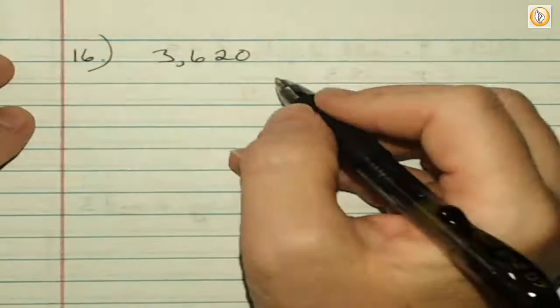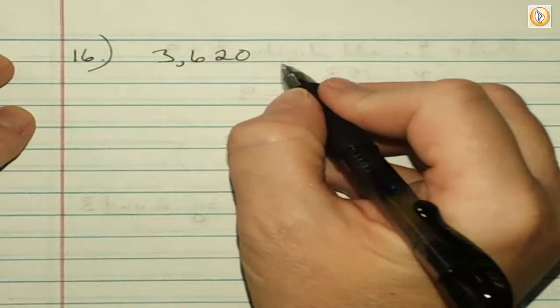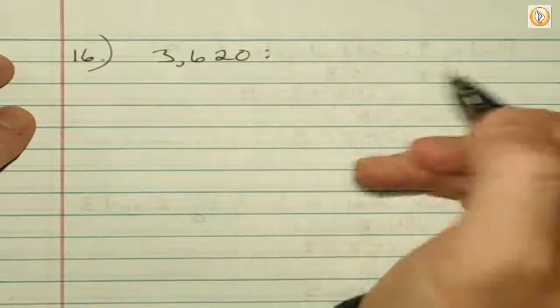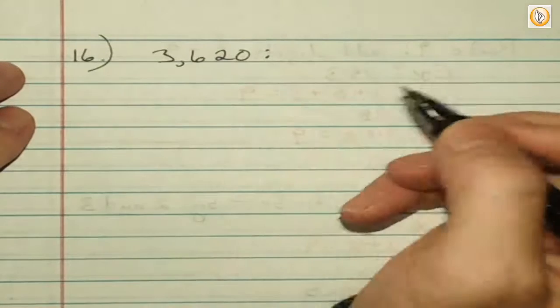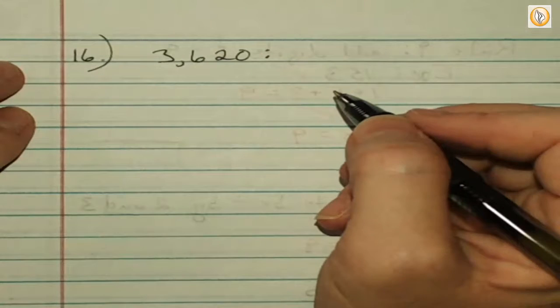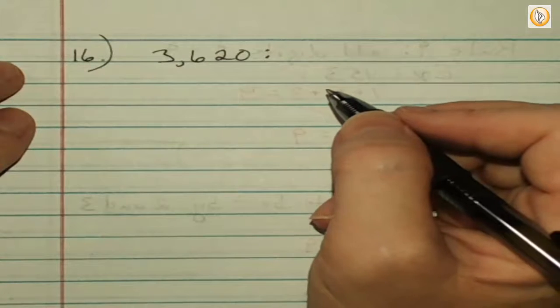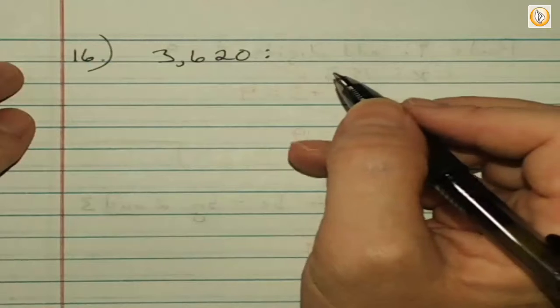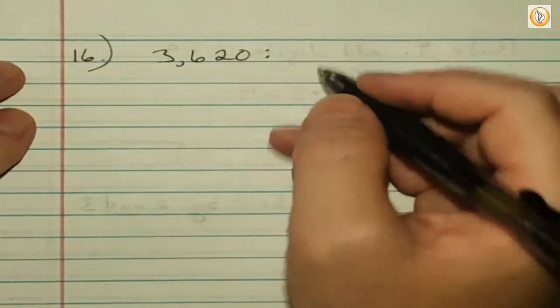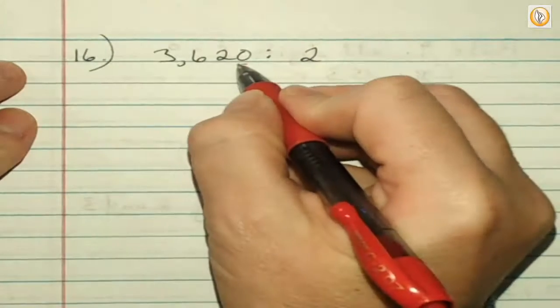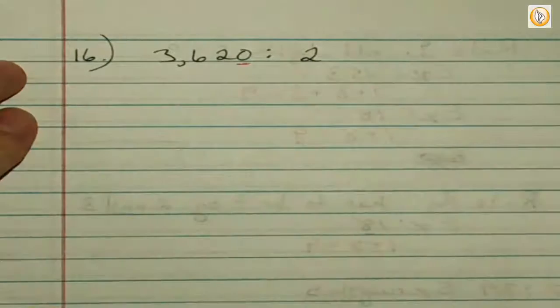What you're supposed to do is write down which of the numbers in the directions can go into it evenly. So, Joseph, can you think of one that can go into this number evenly? 2. 2 is correct because it ends in 0 or it's even.